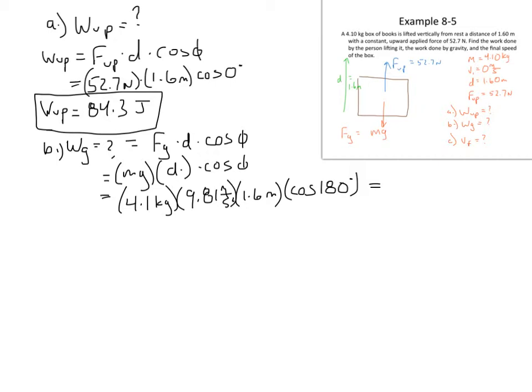If we take 4.1 times 9.81 times 1.6 times -1, we get negative 64.3 joules of work done by gravity. Gravity is working against us. The person lifting it is winning because they're putting out more work than gravity is doing on the box, which is why the box actually moves upwards.